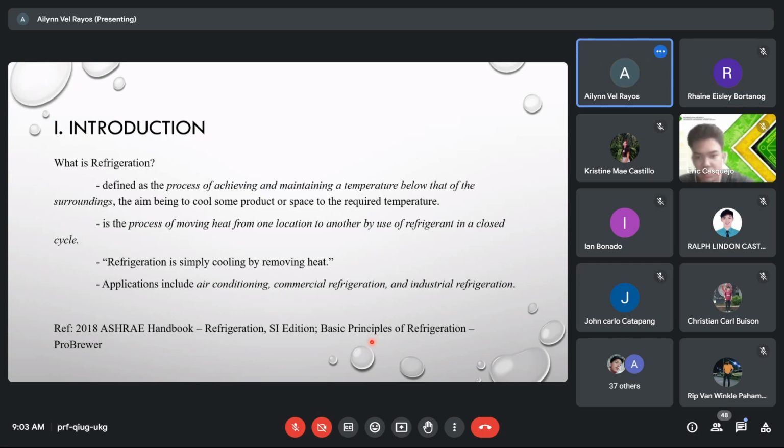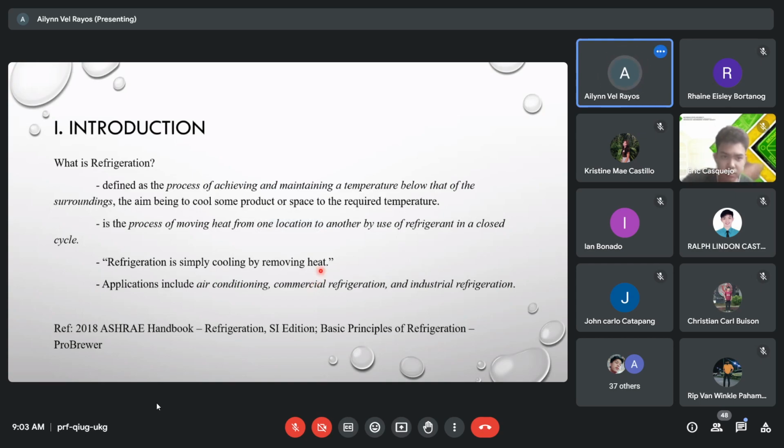So refrigeration is defined as the process of achieving and maintaining a temperature below that of surroundings. So the aim being to cool some products or space to the required temperature. So on our discussion of the syllabus, I iterated that refrigeration is a process of cooling.